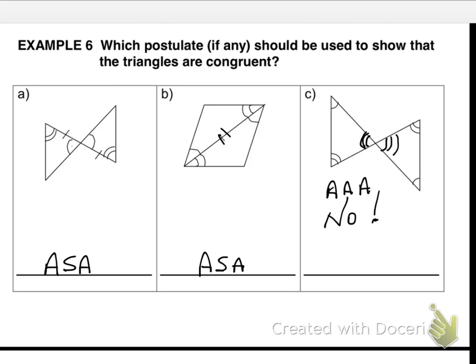What you can prove with angle, angle, angle is similarity. So it can prove that they're similar triangles, but not congruent. We'll talk about that when we talk about similar triangles, but don't get confused right now. And remember, there's only the three: side, side, side, side, angle, side, and angle, side, angle.